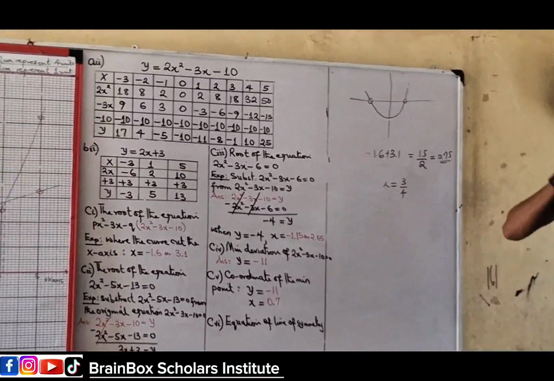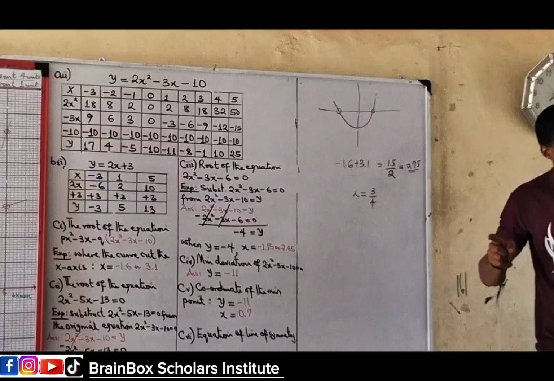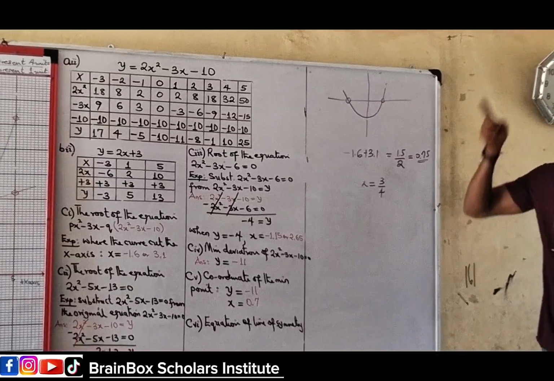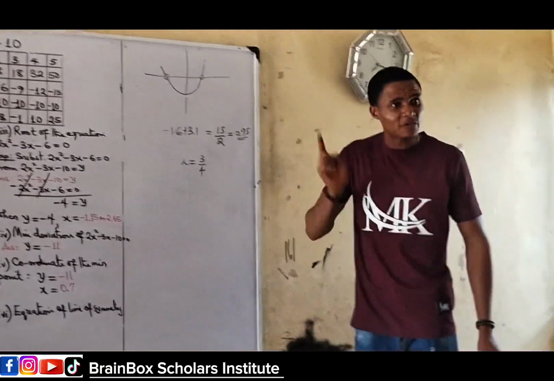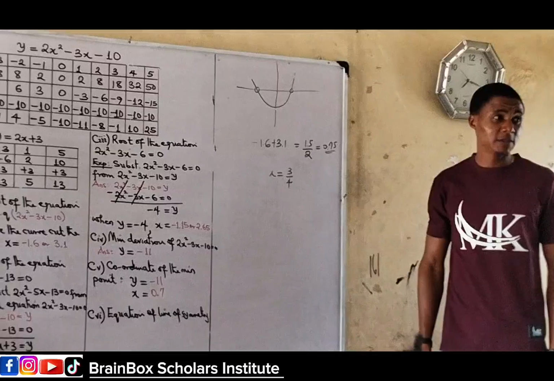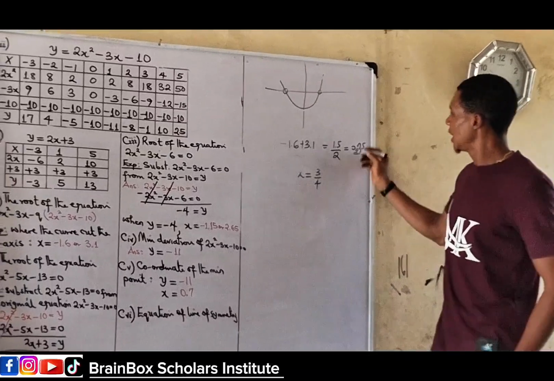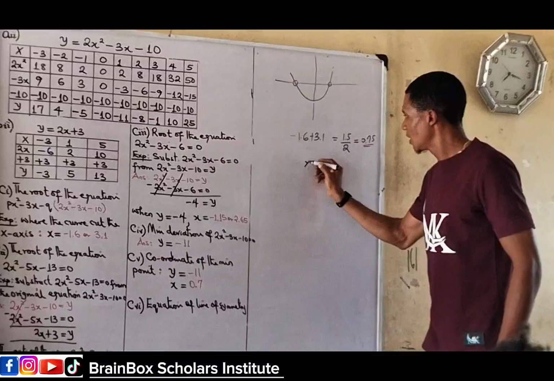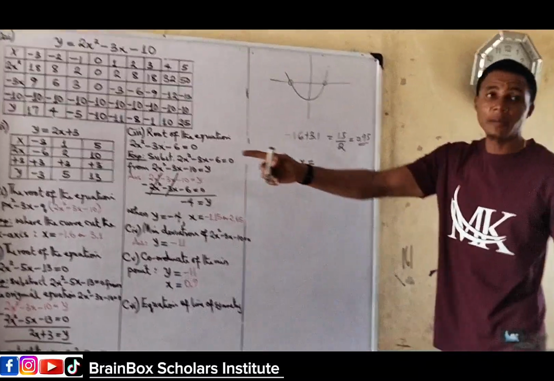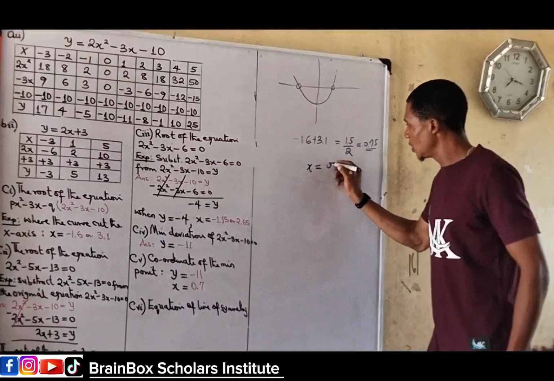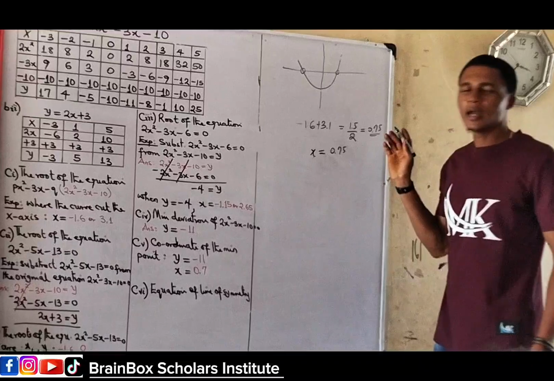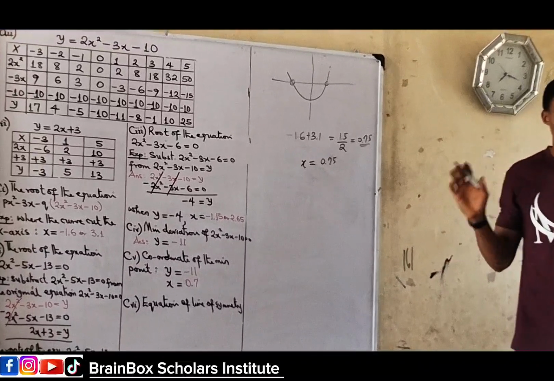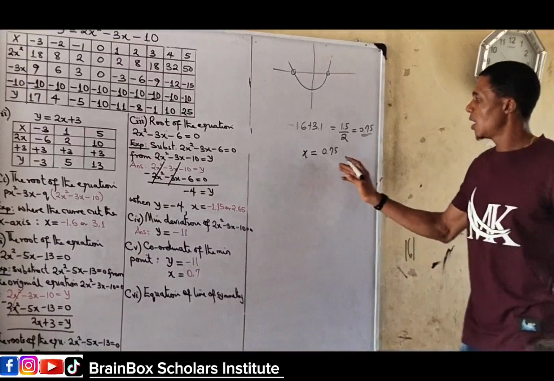Where that line passes through the x-axis is what gives me the equation of the line of symmetry. So x is equal to, the line passes through 0.75. Agreed? Okay.